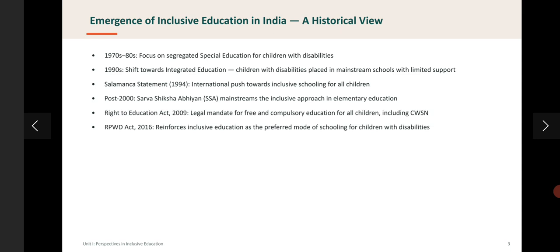After 1887, nothing happened in the 1880s, so let's come directly to 1909. There, the first attempted piece of legislation regarding inclusion in education was introduced by the famous Gopal Krishna Gokhale. Under the Indian Council Act of 1909, the bill was voted down.